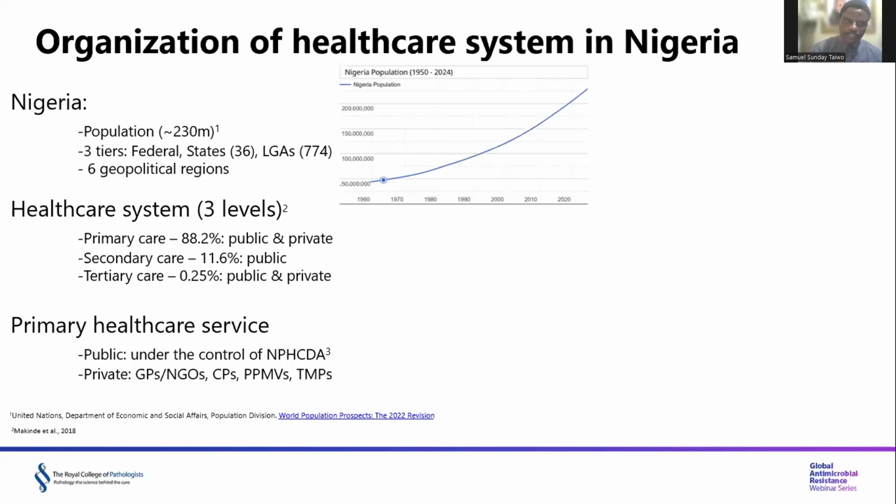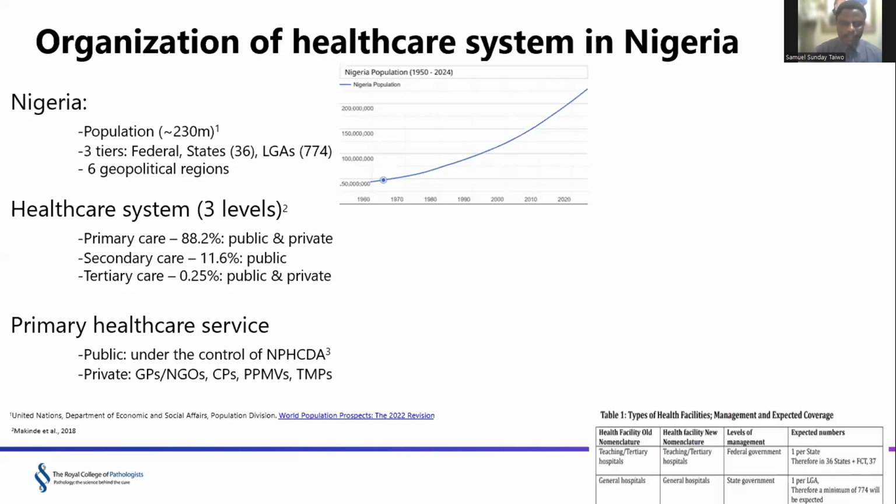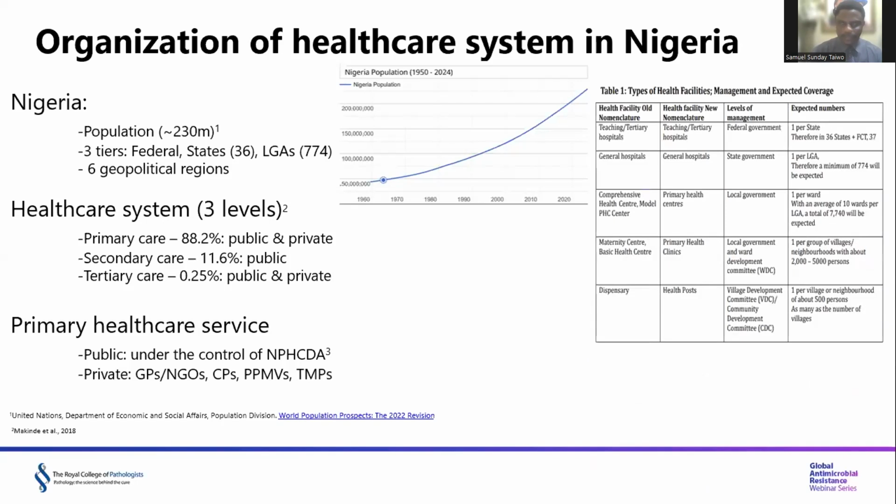This population is served by a healthcare system that is organized into 3 levels. You have the primary care, which basically serves the community, and it forms about 88% of care delivery service in Nigeria. It's both public and private. And you have the secondary care, that forms about 11.6%.